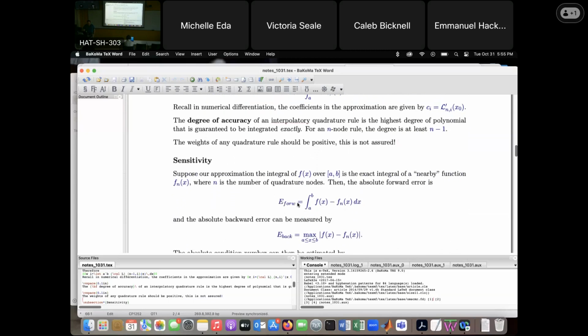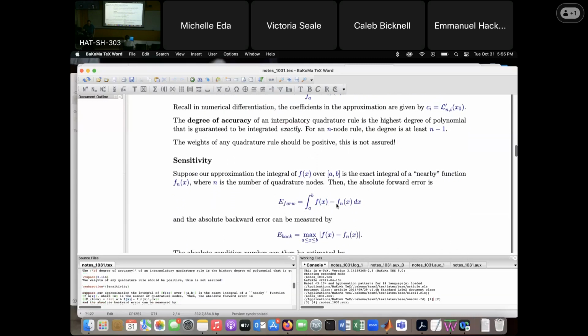So here, the forward error is just, let's suppose this is your exact integrand, and this is your approximate integrand that you're integrating exactly, like your interpolating polynomial. The forward error is just the exact integral minus the approximate integral. The absolute backward error is where we look at the error in your approximation of f.